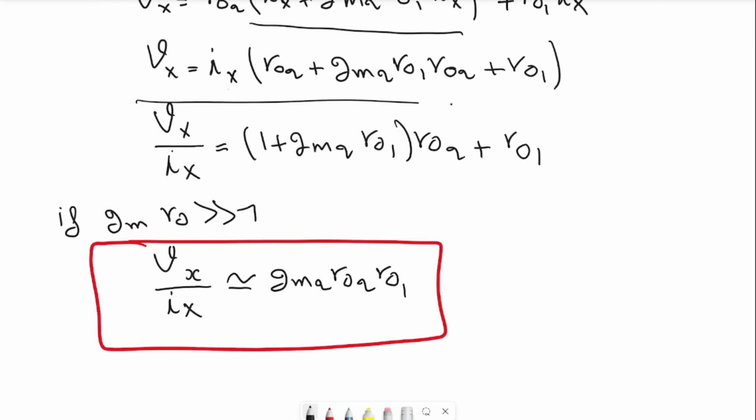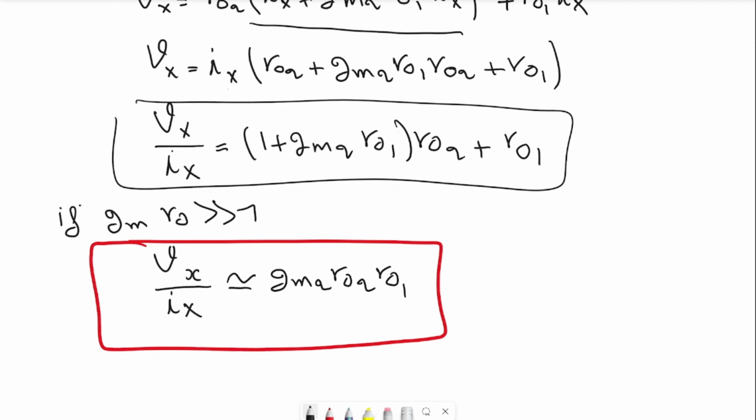After we get this result, we apply the condition of this problem, gm ro much higher than 1, so we are left with gm2 ro2 ro1. This is the general idea of how to solve this problem.